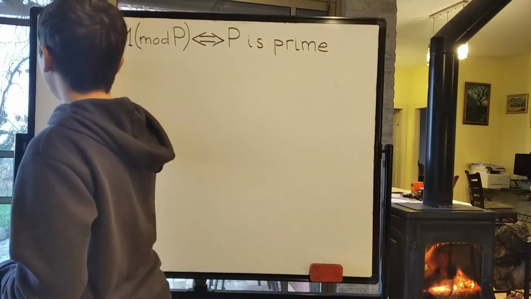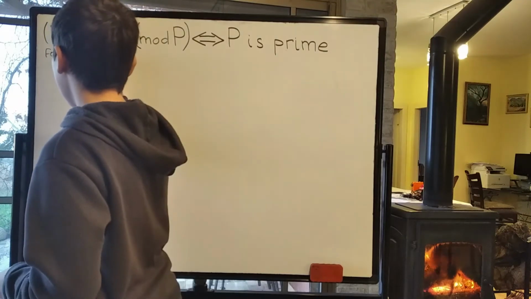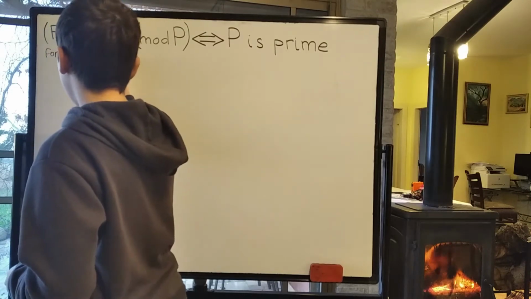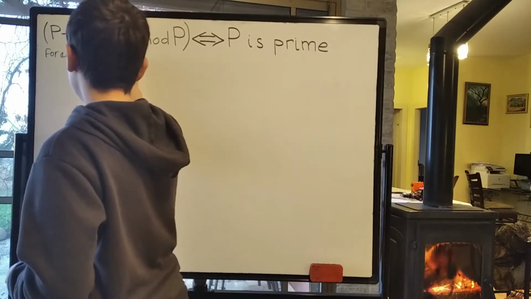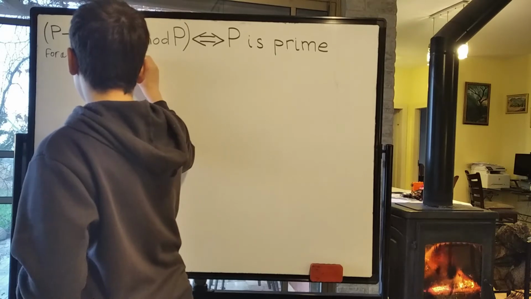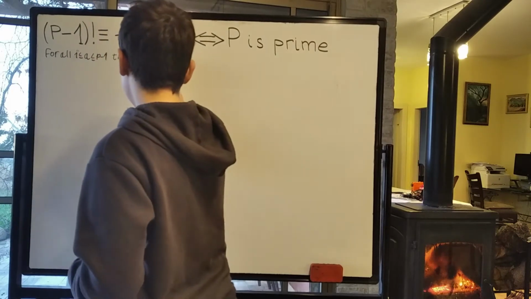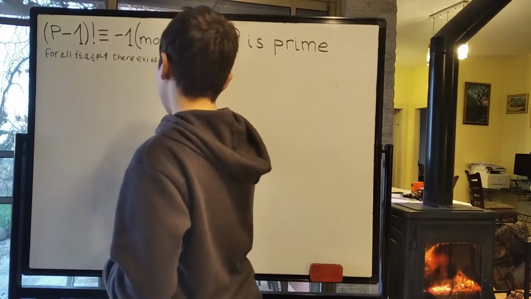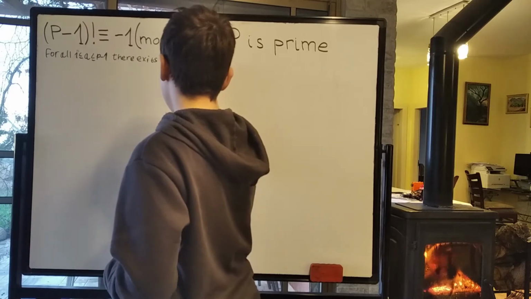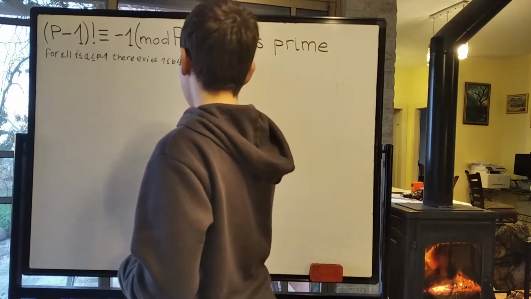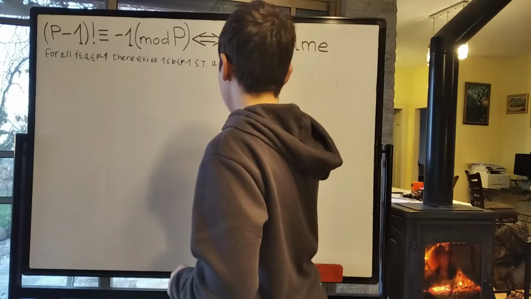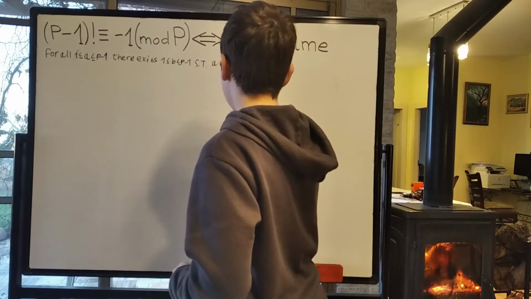for all a between 1 and p − 1, there exists another b, which is also between 1 and p − 1, such that we have a times b is congruent to 1 mod p.